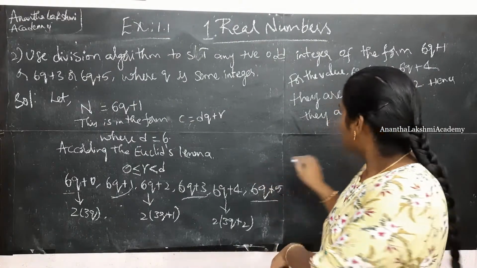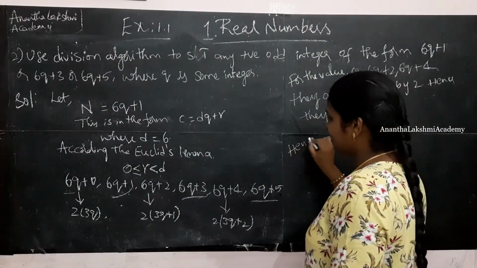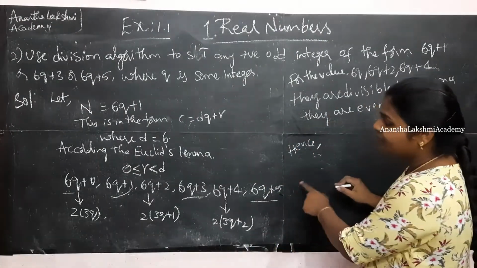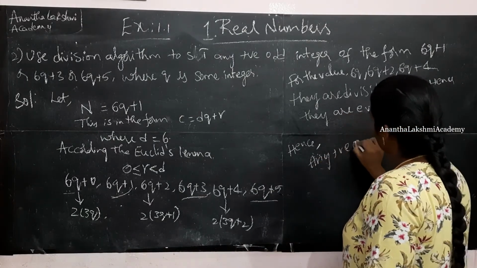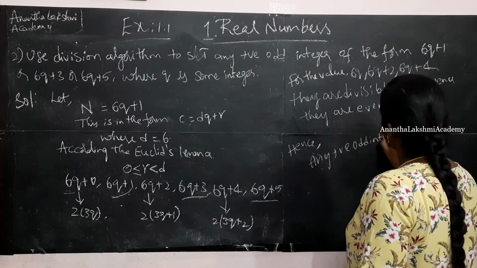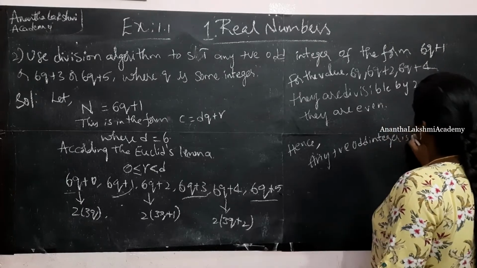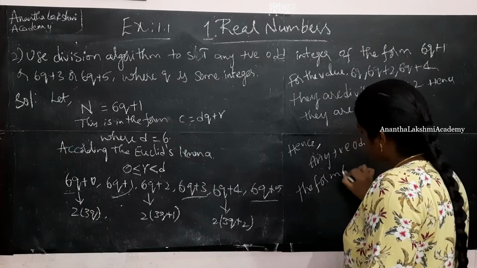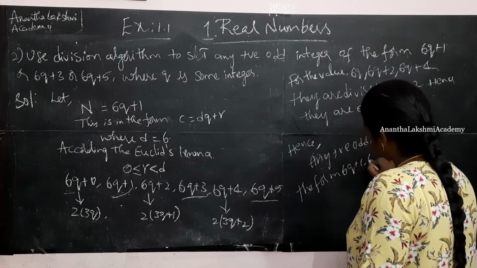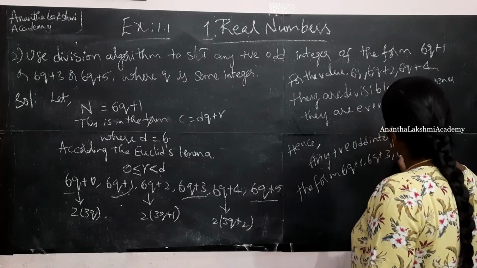Hence proved. But make sure to write this statement: hence any positive odd integer is of the form 6q plus 1, 6q plus 3 and 6q plus 5.